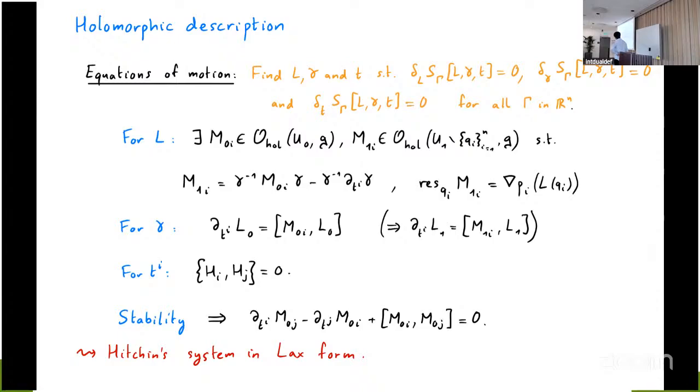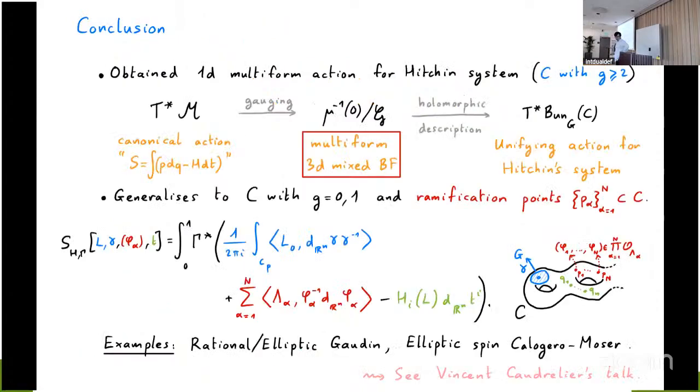Yeah. Okay, so let me conclude. What I outlined was the procedure in our paper, which was to derive a Lagrangian one-form for the Hitchin system. We started with this canonical action on the cotangent bundle of the smooth 0-1 connections on the principal bundle. So this giant infinite dimensional phase space T*M.